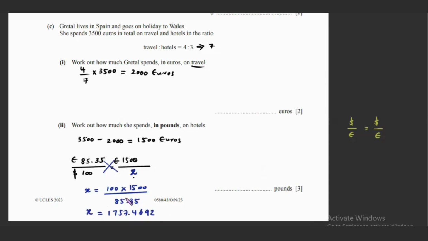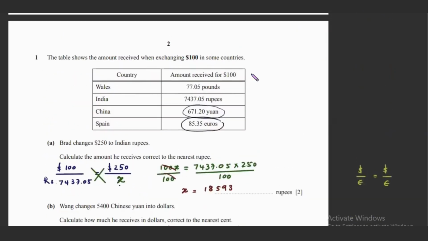Now, this amount that we got is going to be in dollars, but the question is asking us to convert it into pounds. In this conversion chart, there is a relationship between dollars and pounds. That is going to be $100 is the same as 77.05 pounds. So we are going to use that relationship to find the amount in pounds.